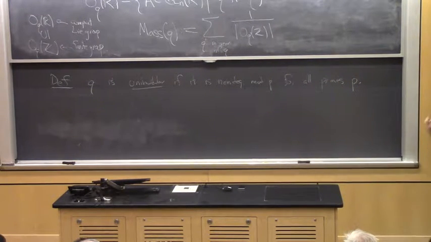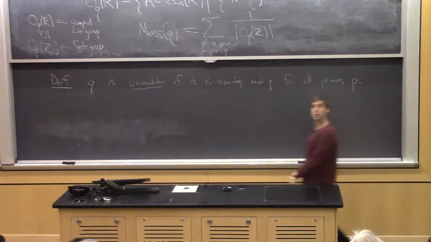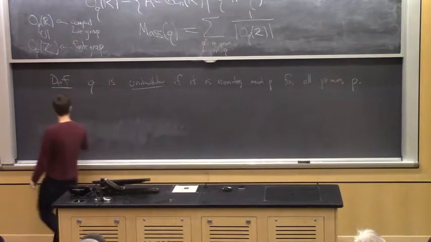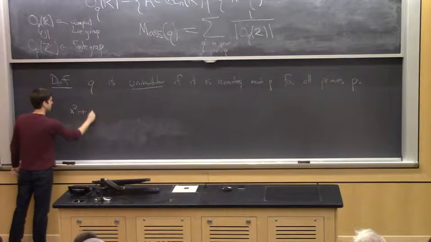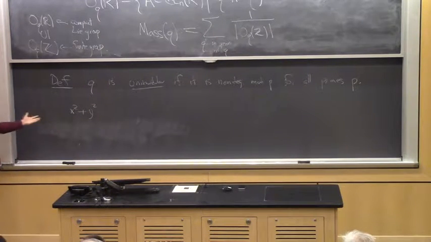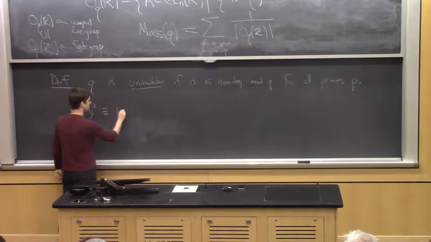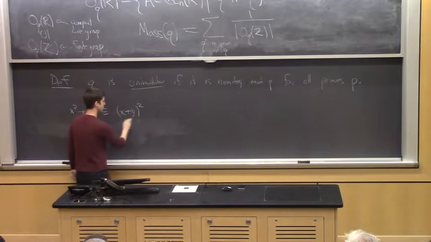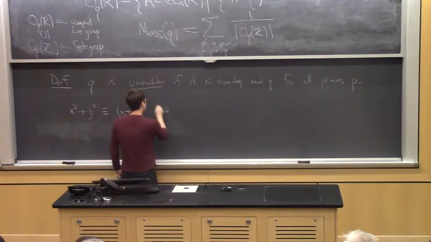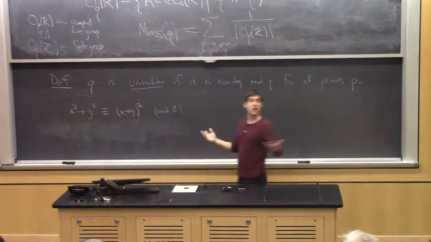And just a warning, none of the quadratic forms that I've written down so far are unimodular. So for example, you might think a quadratic form like x squared plus y squared, that's as nice as a quadratic form could possibly be, except not mod 2, because this is congruent mod 2 to (x plus y) squared. And therefore, mod 2, it's really a degenerate quadratic form.